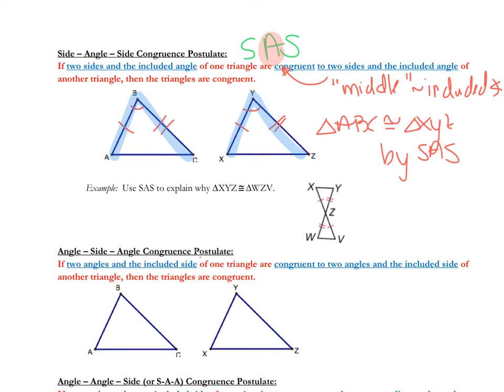Okay. All right, so in this example it says show why XYZ is congruent to WZV. And since it's by SAS, we know that we want the angle in the middle. Well, again, this angle is made up of intersecting lines. Intersecting lines, we have vertical angles.